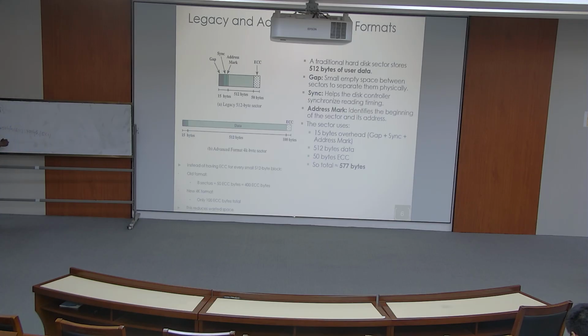So to solve this issue, we have a new format, which is a 4K byte sector. For this 4K byte sector, we only have 100 bytes for the ECC code.